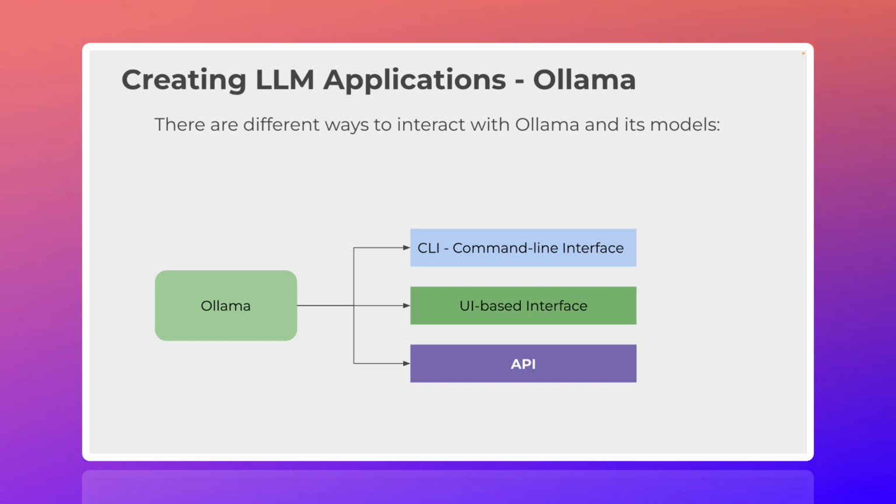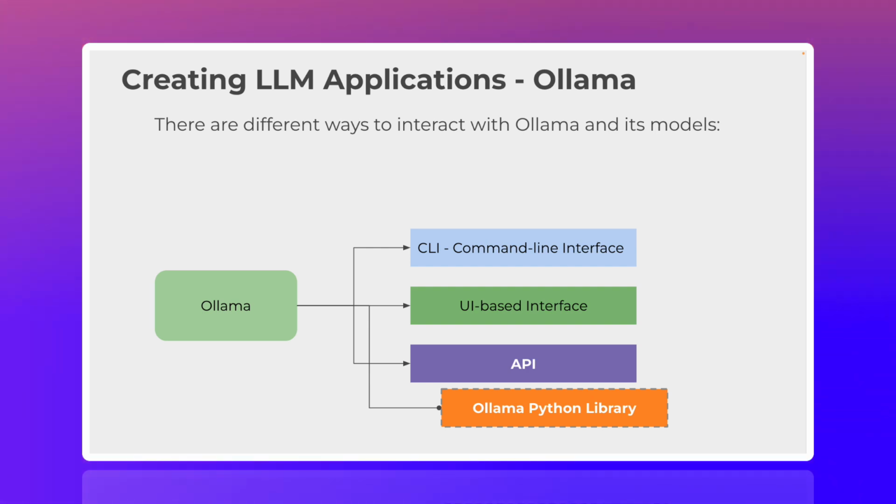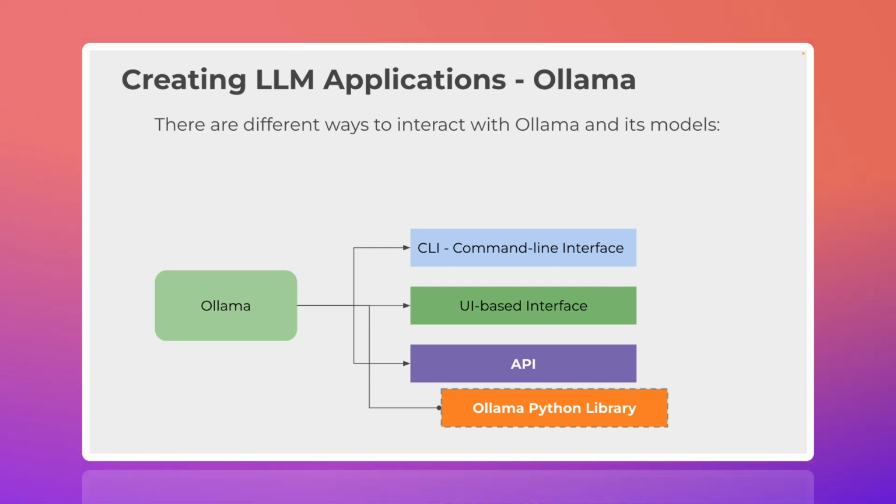So essentially the same things that we're able to do using the CLI, we have a way of doing that using the REST API. And later, we're going to use the Ollama Python library. This is where we're going to be able to use the tools in Python in code, because now we have more customization, more freedom, to start building the actual large language model applications that we so want to do. Okay, so now let's go ahead and look at the UI-based interface.